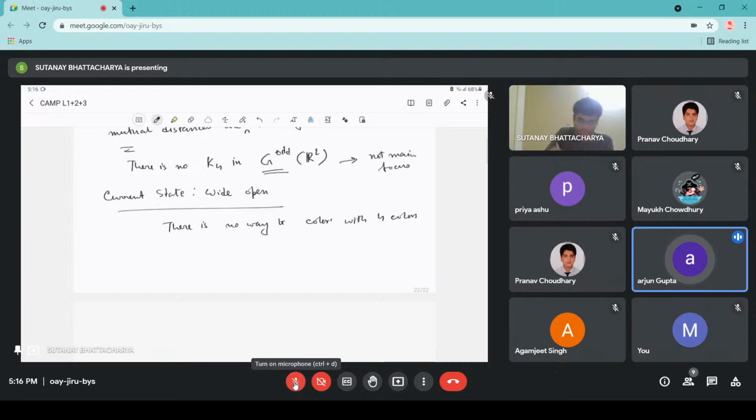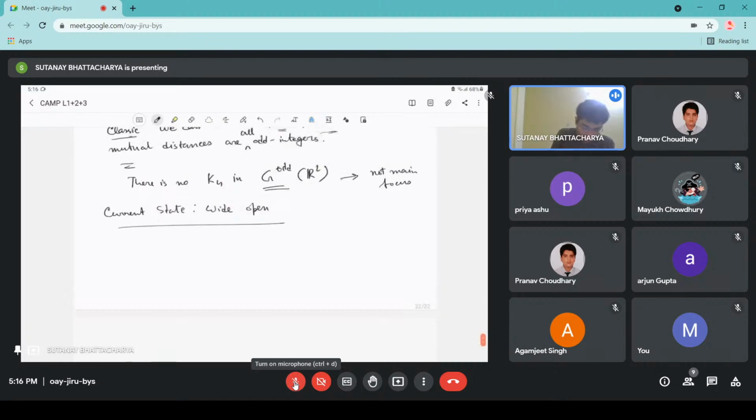Why isn't there any way to color this with four colors? I didn't say that. That's just one of the suggestions made by one of the students, and I'm saying anyway, ignore that. Point being, the current state of this problem is wide open, but we do have some lower bounds.